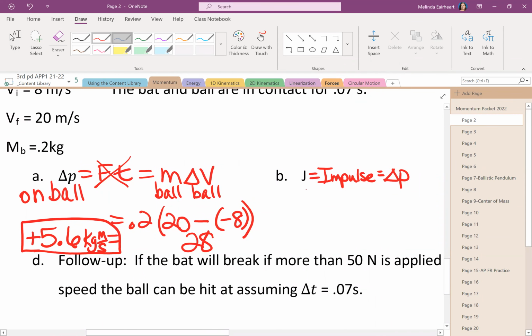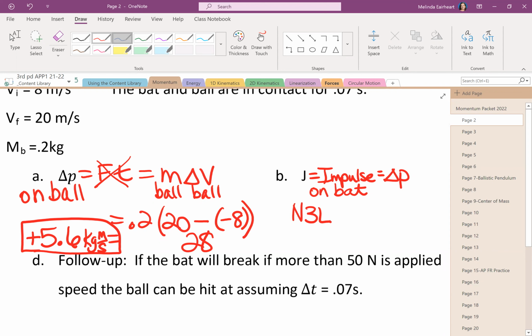What if it said J, or impulse, on the bat? They did not give us the mass of the bat or the velocities of the bat, but you don't need to. What's the impulse on the bat? Remember Newton's third law? When you take those equal and opposite forces and multiply by time, you can look at it as equal and opposite impulse during that hit.